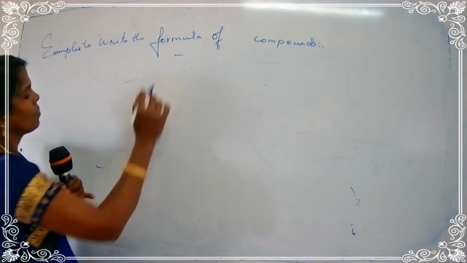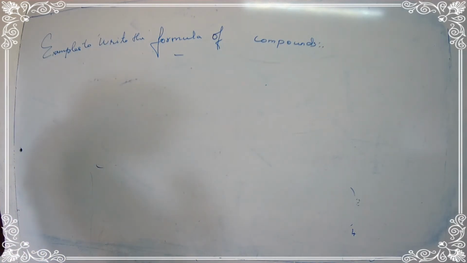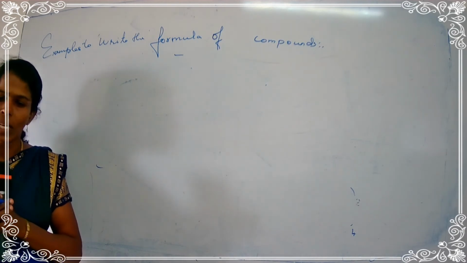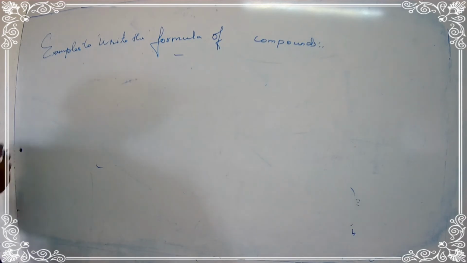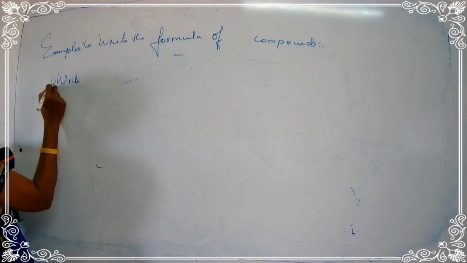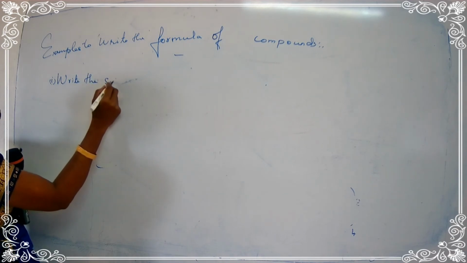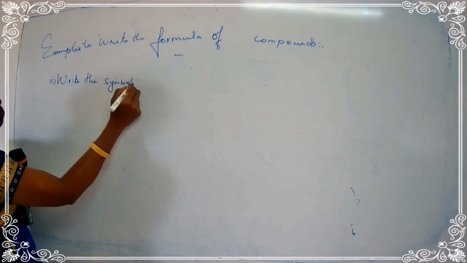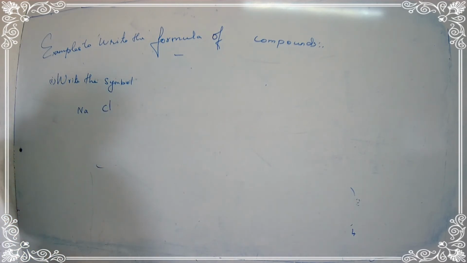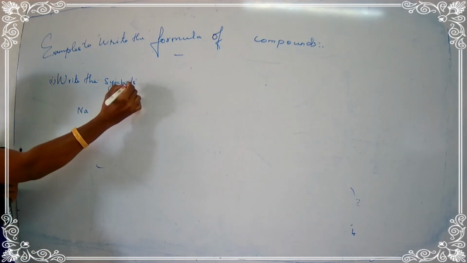Okay, children, now listen, we are going to see this one. First of all, we take sodium chloride. First we write the symbols. Sodium, Na, chloride, Cl. Okay. Now we have written the symbols.